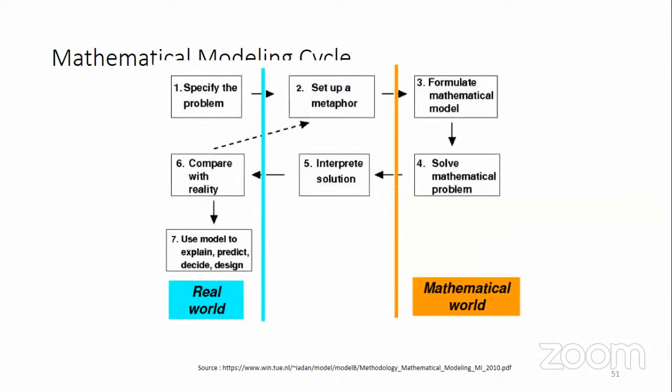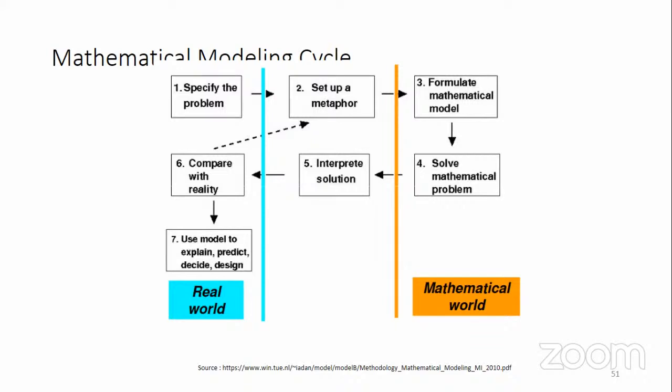So this represents the mathematical modeling cycle, and you can see step one is what? Specify the problem, that you have to specify first. Then set up a metaphor. It means you have to think about various parameters and variables.